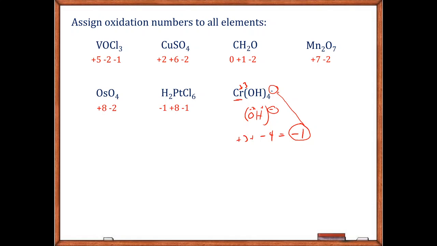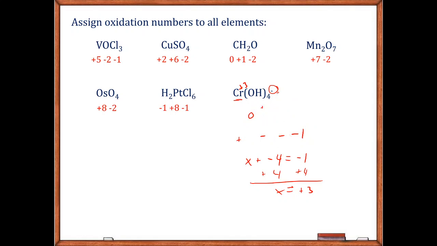Suppose I didn't want to do it the way I showed you. How else could I figure this out? Well, I could say x plus -4 gives me -1. So I could do it that way instead and add 4 to both sides. I would end up with +3, so x equals +3, where x is the oxidation state of chromium. So that's another way to do it.